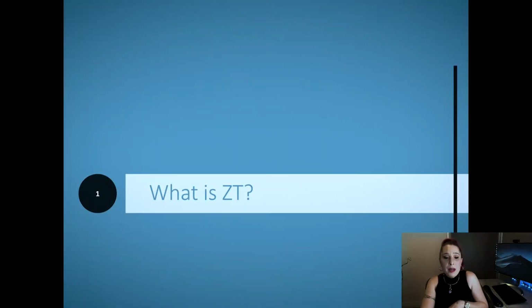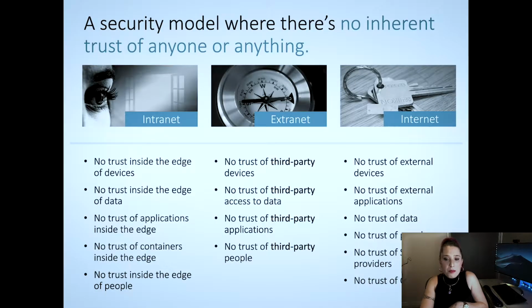So let's talk about why we're here, and that's Zero Trust. Zero Trust is a security model where there's no inherent trust of anyone or anything. One of the things that you will find when you Google this is that ZT is zero trust of devices and people, but I actually expand that to include data and applications.